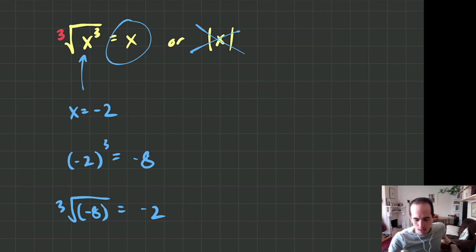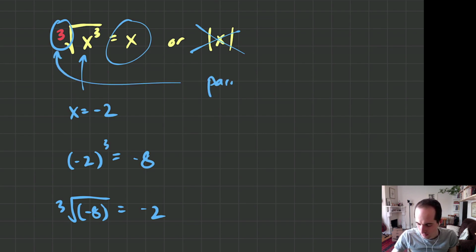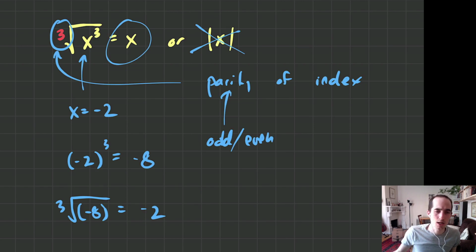Yes, there's a huge thing that's going on with what mathematicians like to call the parity of the index. And what parity means is odd or even. So when I'm talking about the parity of a number, I'm talking about whether or not it's odd or even. The parity of the index has a lot to do with our process. That's because if I multiply an odd number of negatives, I'll get a negative number back, right?